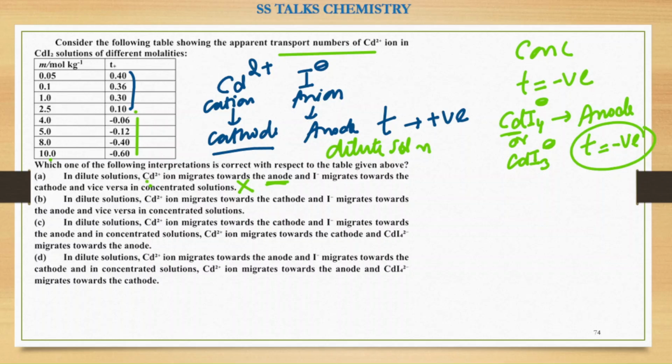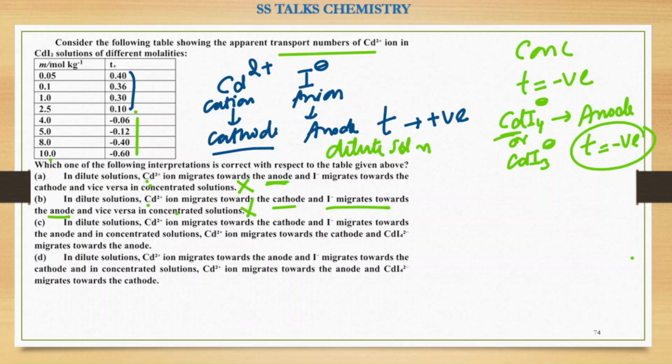Next, statement B says Cd2+ is migrating towards the cathode and I- is migrating towards the anode, and vice versa in the concentrated solutions, which means in the concentrated solutions cadmium ions will be migrating towards the anode and the I- will be migrating towards the cathode. This is not happening, because in the concentrated solutions the cadmium has converted to CdI4 2-.